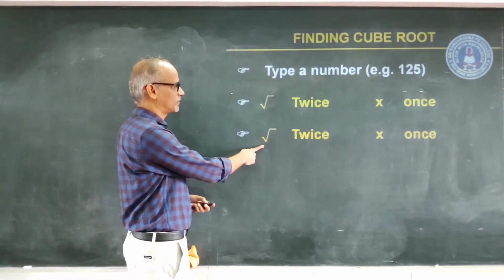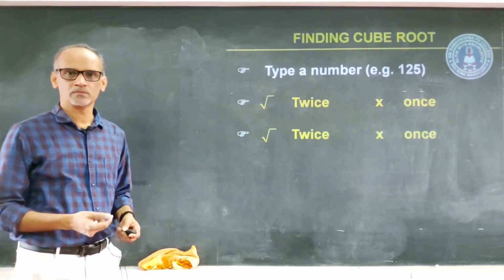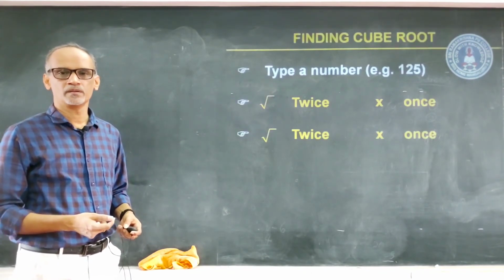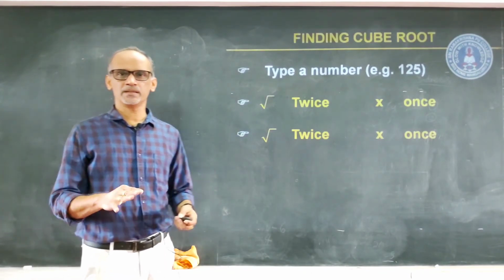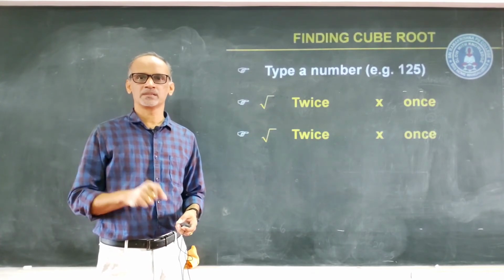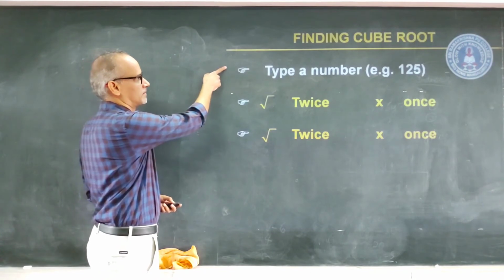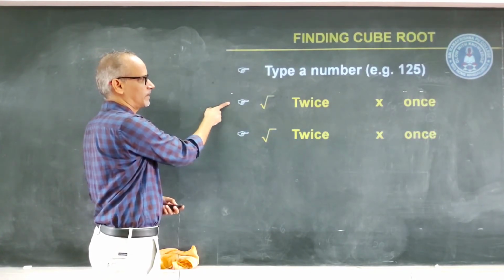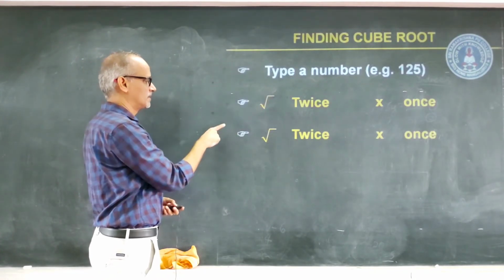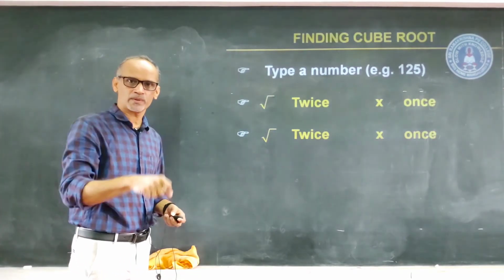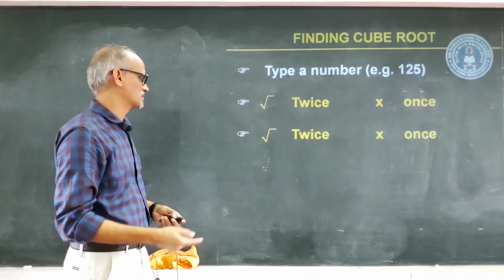Again square root twice, multiplication once. Don't press any other button that's given in the calculator.